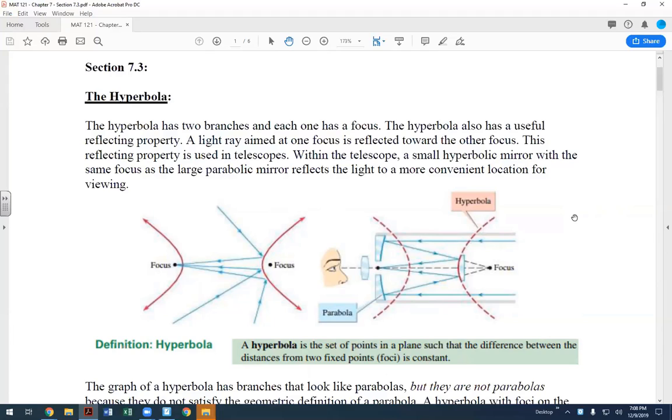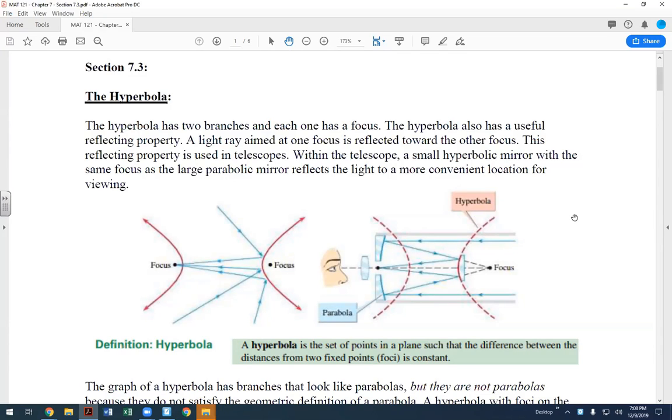Now, using this same focus, which is part of our parabola but is also the same focus for this hyperbola, you can see that branch right here, because that's what this mirror is doing, giving us this hyperbolic shape. This light, which is getting reflected at this point, is now being sent back towards the second focus, the second focus of the other branch of our hyperbola.